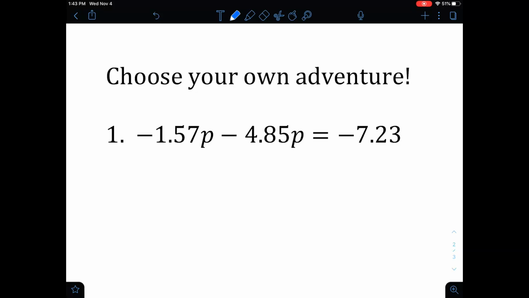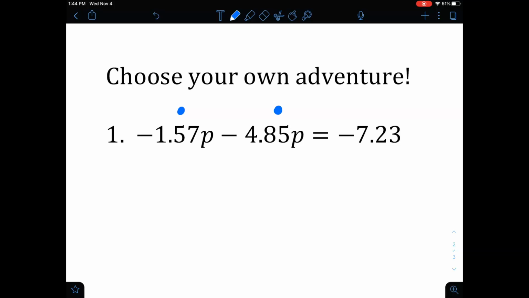So we have negative 1.57p minus 4.85p equals negative 7.23. So the first step for solving equations is to look for distribution. Is there anything to distribute here, like a 2 or something? The answer is no, there's no distribution. Are there any like terms? There are like terms. There's negative 1.57p and negative 4.85p.